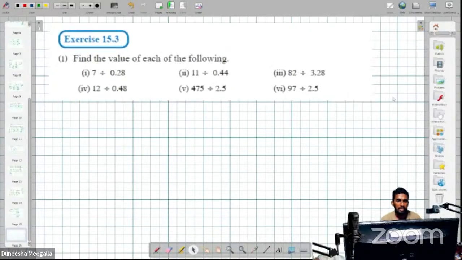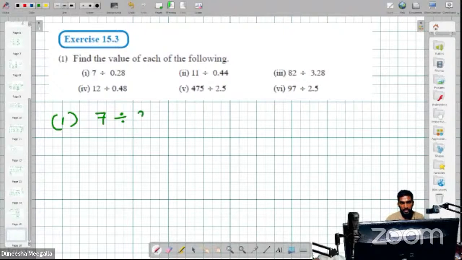7 divided by 0.28. What is the answer? How can we get it? First, 7 divided by the fraction of 0.28. How can we write 0.28 as a fraction? 28 over 100.